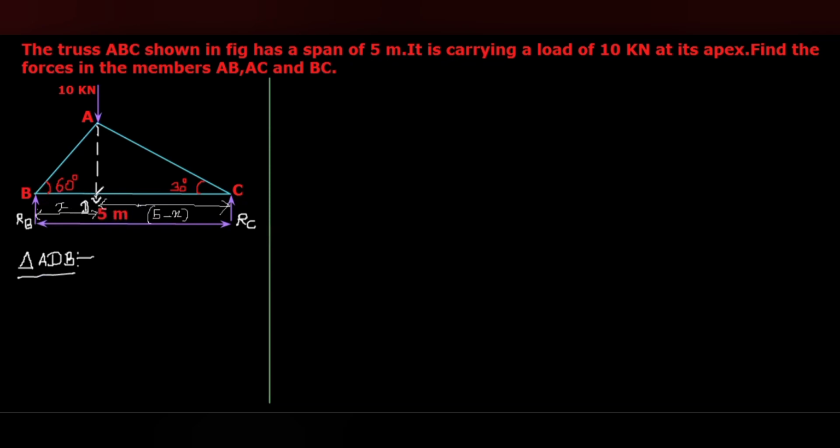From point B to D, if you consider that is X, the remaining distance DC will be the total distance 5 minus this X, that will be 5 minus X.